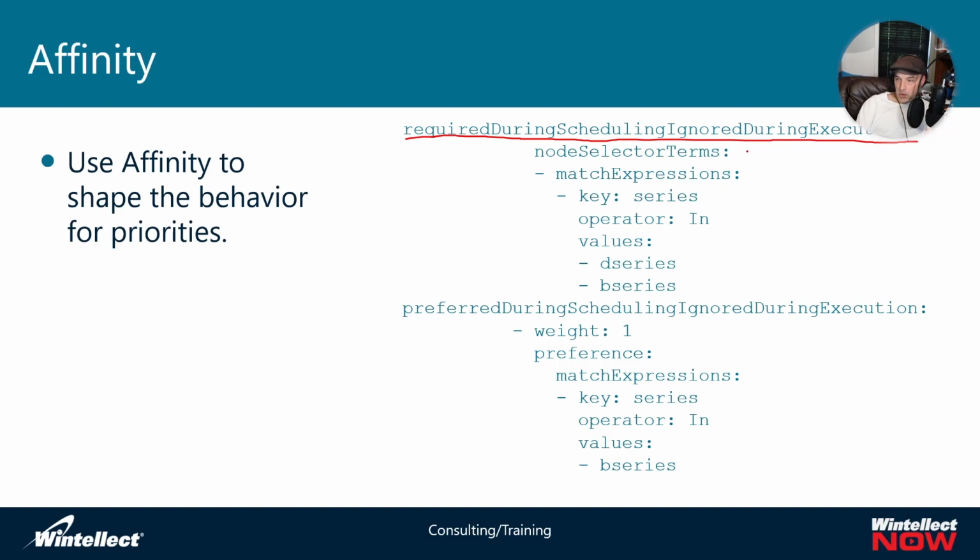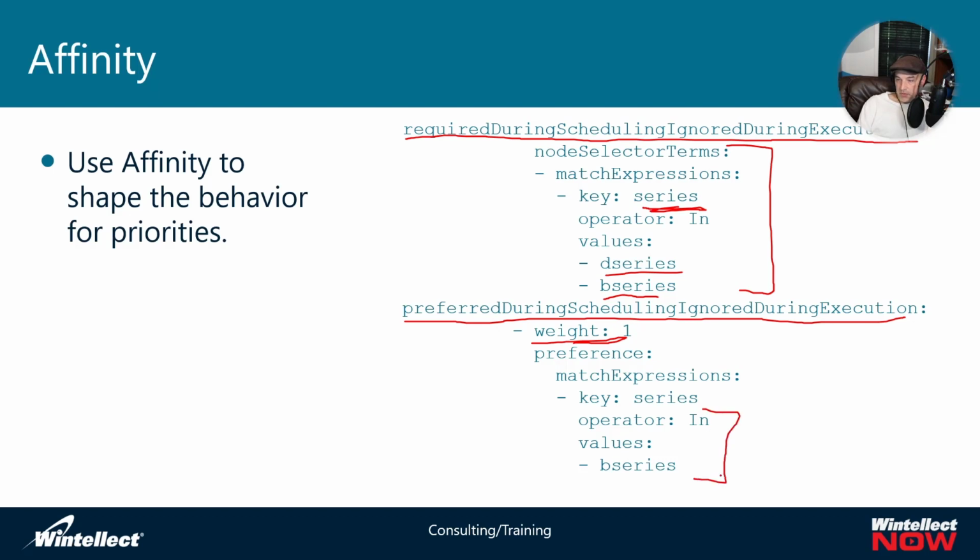In order for this affinity to work, I can say where these labels are true, where the series is D series or B series, select those for this particular affinity. And if I want to give it a preference to a specific series where there is available space, I can say first prefer this one, and this one is going to prefer B series. From the required values right here, it's then going to give preference to a subset of that.